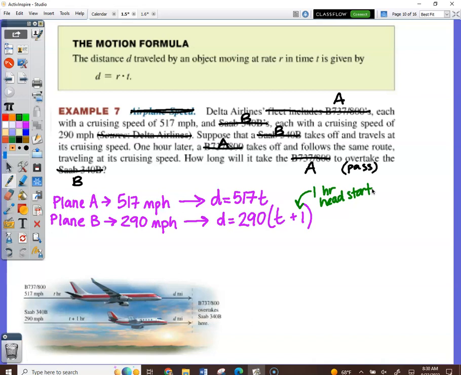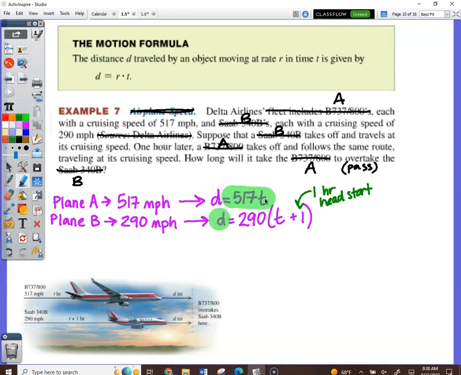What do you notice both of these are equal to? D. So don't complicate it just because they both are equal to D. It's substitution. This value of D is 517T. That value of D is this mess.